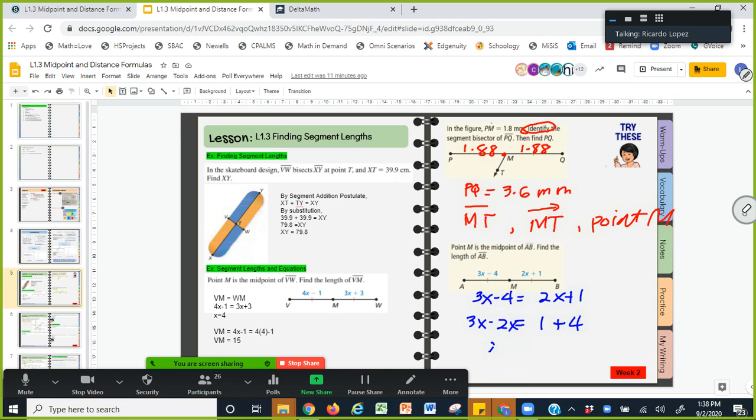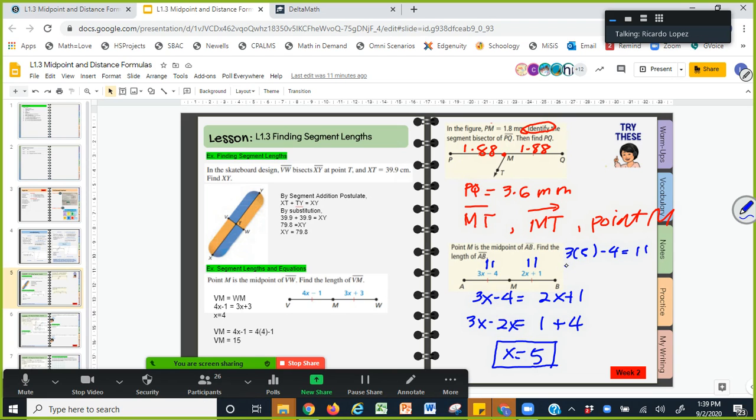So x is equal to 5. Then you substitute 5 back into the equations. 3 times 5 is 15, minus 4 is 11. And since you know that it's exactly half, you just multiply 11 by 2, which is 22.